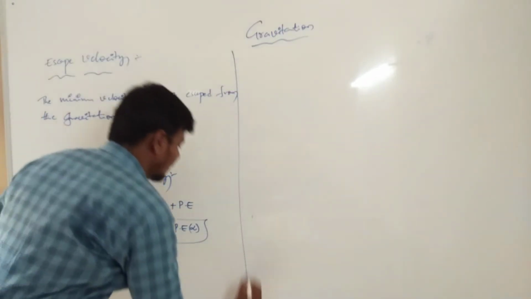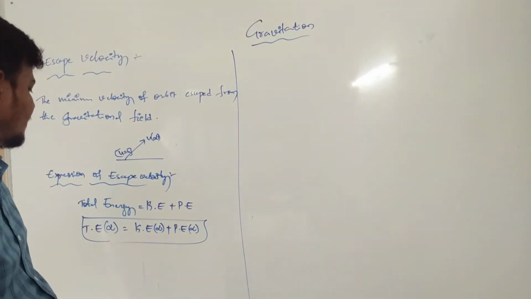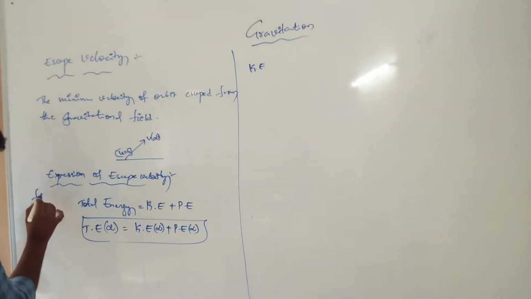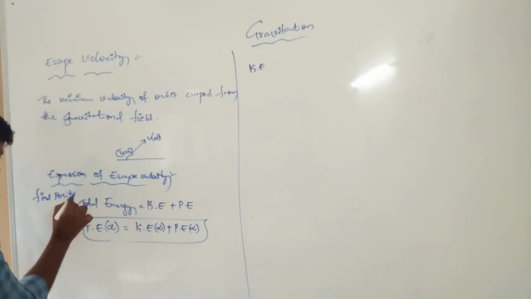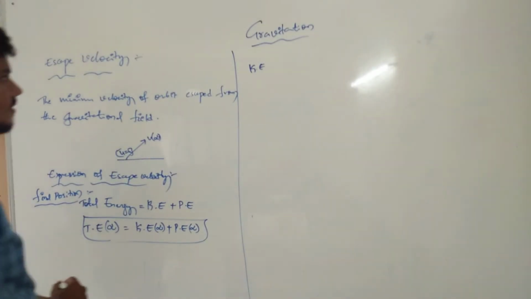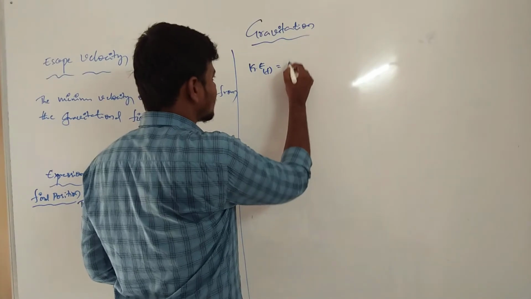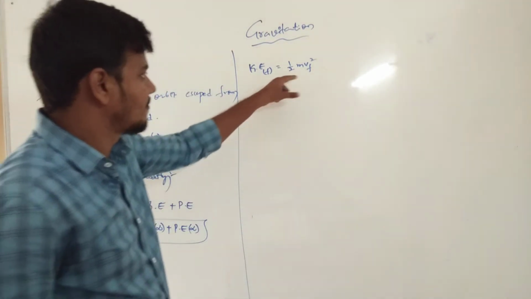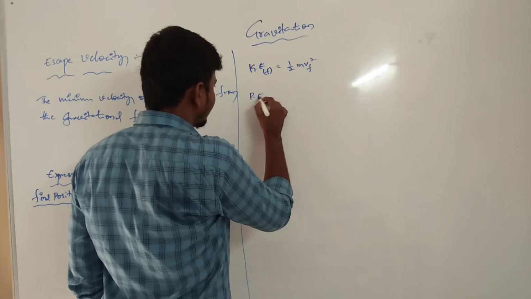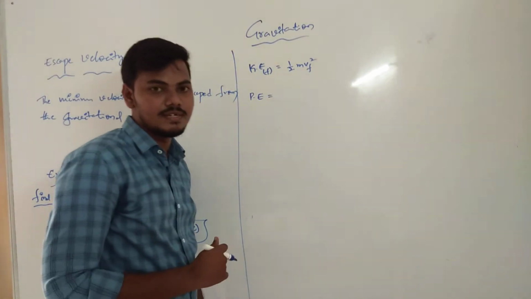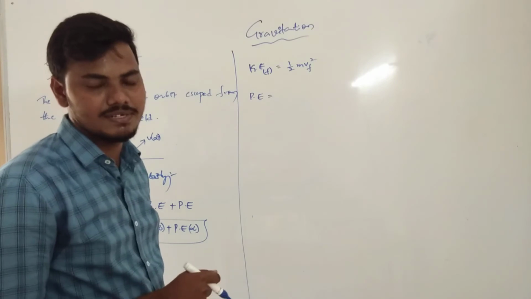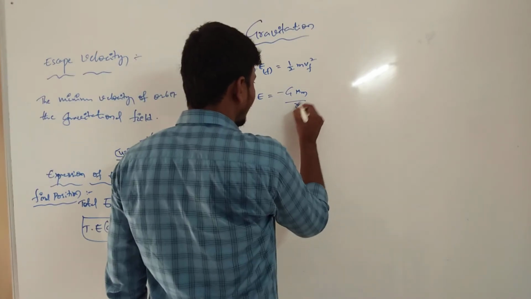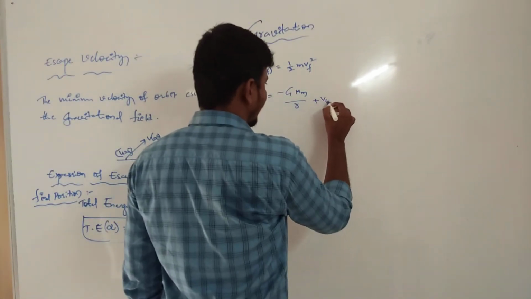Now the kinetic energy at the final position is equal to half m vf square. Now the potential energy, from our previous equation, the gravitational potential energy is U equals minus GMm by r plus V naught.